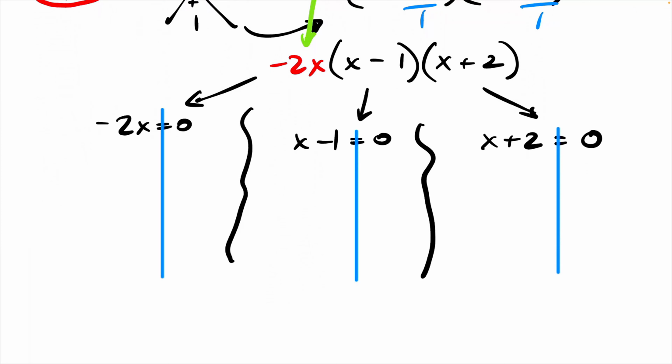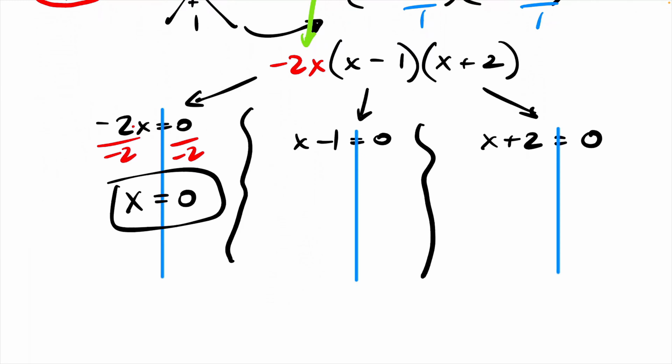Okay. So divide by negative 2. X equals 0, because 0 divided by negative 2 is 0. Add 1 to both sides.